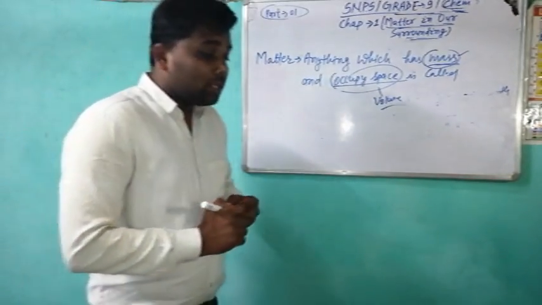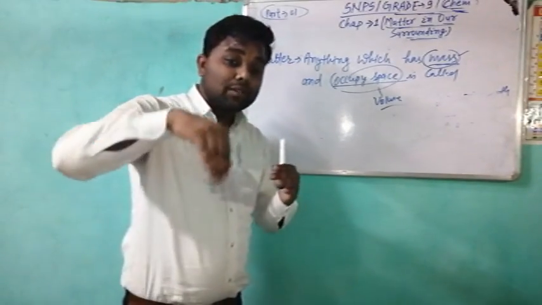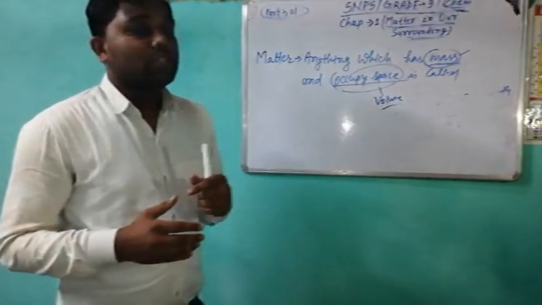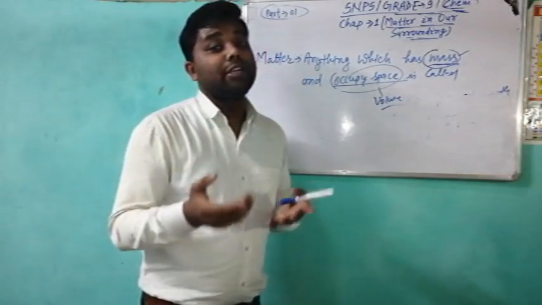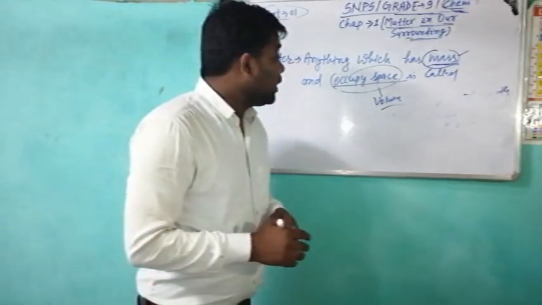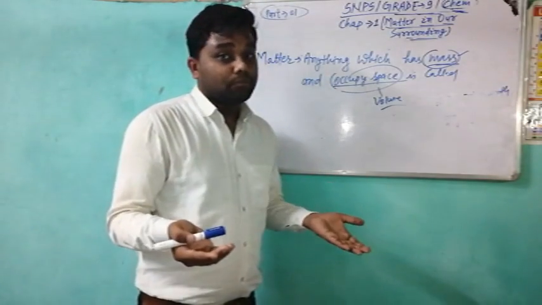What is volume? The amount of space occupied by any substance is called its volume. Suppose we have a glass of half liter or 1 liter, then its volume is 1 liter.